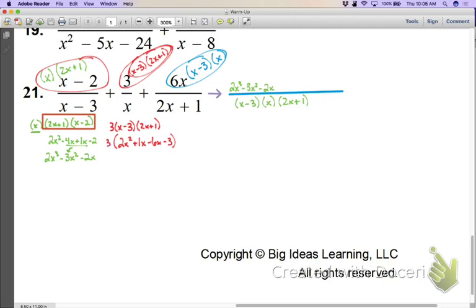Now just distribute that 3 to everything inside. So I'm going to have 6x squared, negative 5 times 3 is negative 15x and negative 9. So plus 6x squared minus 15x minus 9.